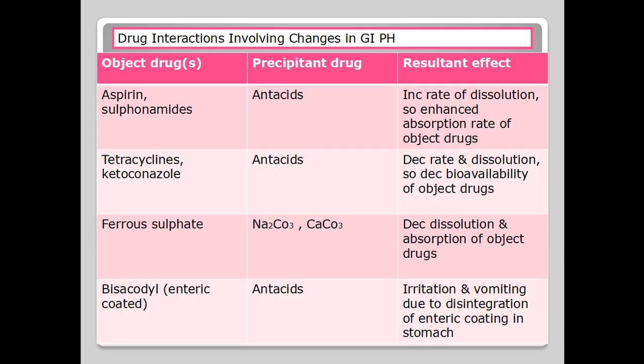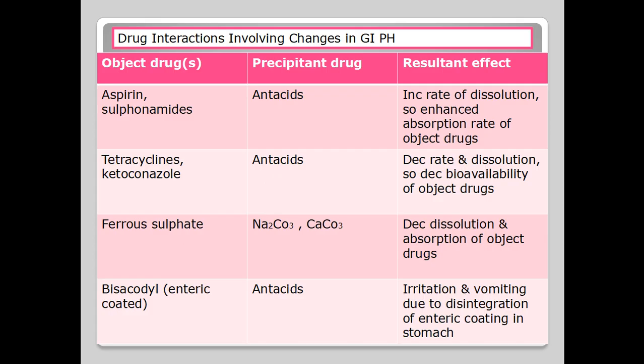Then tetracyclines and ketoconazole when given along with antacids, there will be decreased rate of dissolution, so decreased bioavailability of tetracyclines and ketoconazole. Then ferrous sulfate when given along with Na2CO3 and CaCO3, there will be decreased dissolution and absorption of ferrous sulfate.